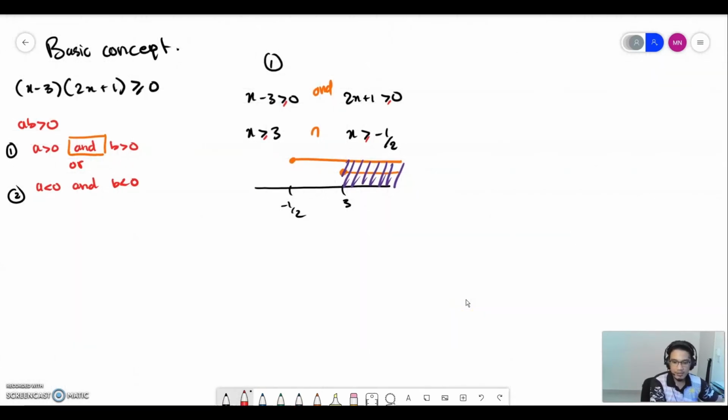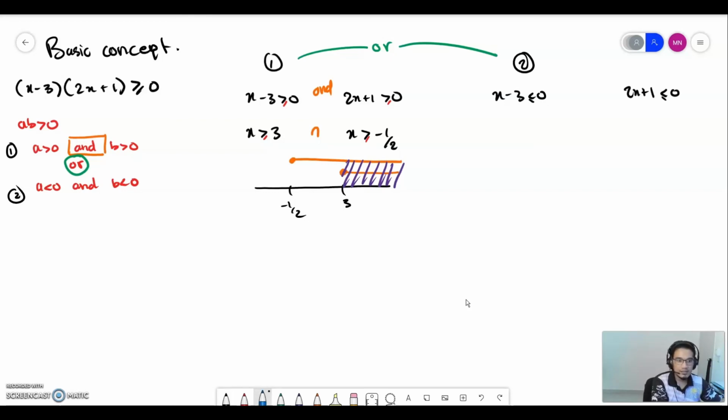Okay, so then we do the second part. We look back at the theorem. The theorem said the relationship between the second part and the first part is OR. So there must be OR in between the first and the second. Okay, we look at that later on. Then we have x minus 3 less than 0, and 2x plus 1 less than or equal to 0.